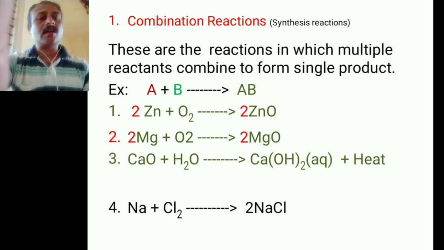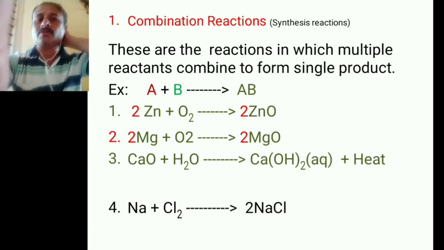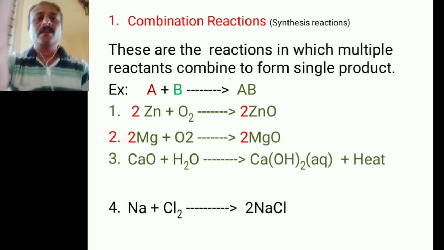Okay, take one more example: 2Zn plus O2 forms 2ZnO. Zn means zinc. When zinc burns, reacting with oxygen, it forms zinc oxide. See, 2 reactants, zinc and oxygen, are involved, but finally one product called zinc oxide is formed. This is an example of combination reaction.